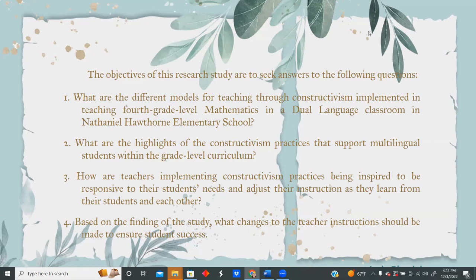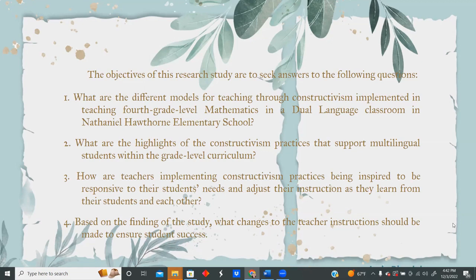Actually, in a qualitative research, we are requiring at least 5 to 20 respondents. So if you have at least 5, you can pursue your qualitative research. Your title is good, ma'am. So we will just revise some of your statement of the problem.